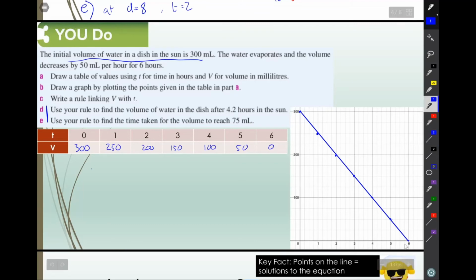Okay, let's write our rule. Our jump here is minus 50, so it's going to be minus 50t, and when t equals 0, v equals 300, so we need to go plus 300 over here.